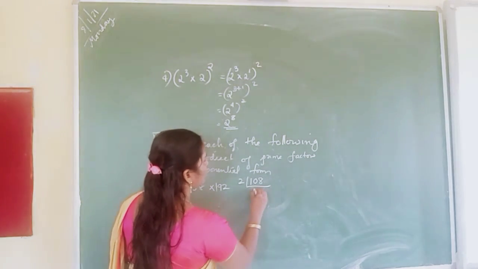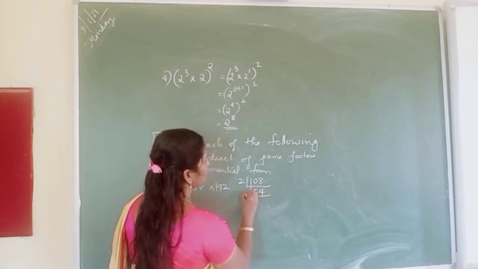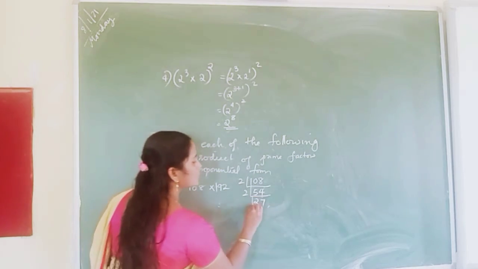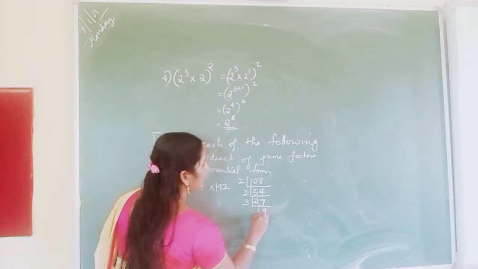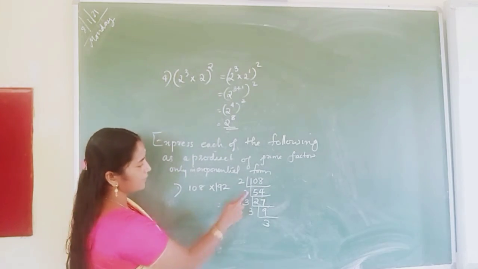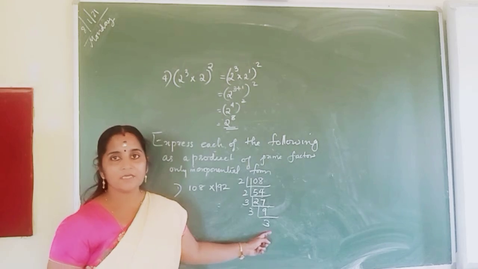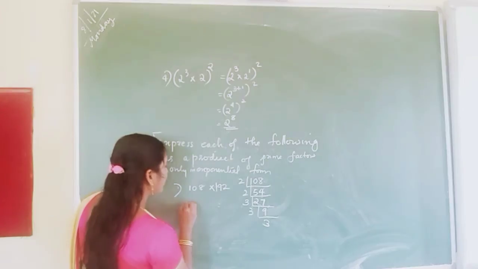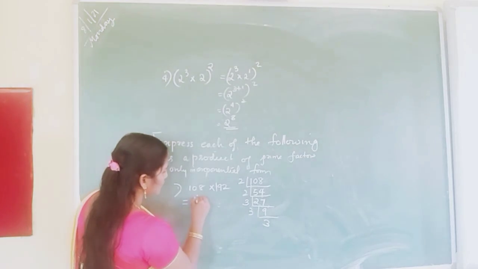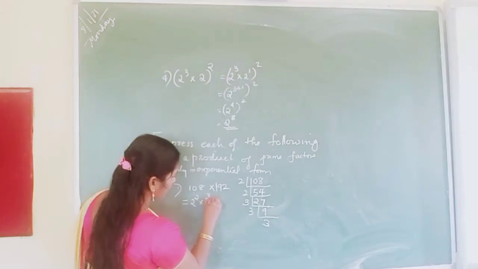So 54, then 2, 27, 3, 9, 3, 3. So 2 repeated 2 times, 3 repeated 3 times. So 108 can be written as 2 square into 3 cube.